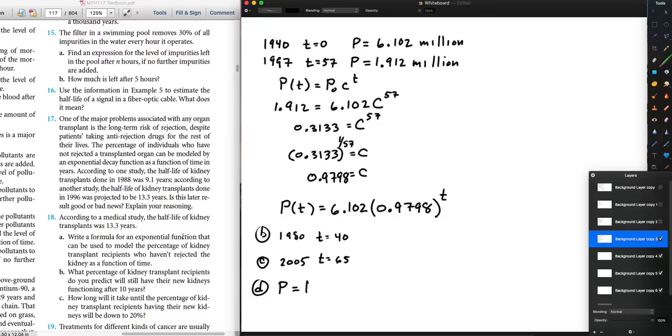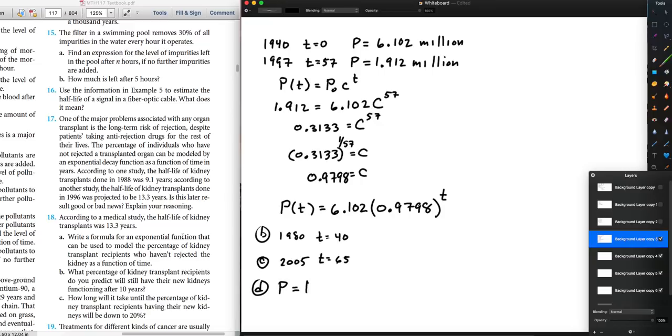Is this later result good or bad news? Well, think about this. In 1988, after 9.1 years, half the patients had rejected their new kidneys. That's bad. Rejecting the kidney is bad, not necessarily the time frame. In 1996, after 13.3 years, half the patients had rejected their new kidney.